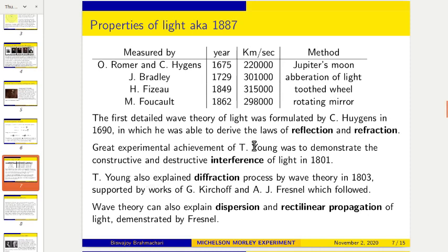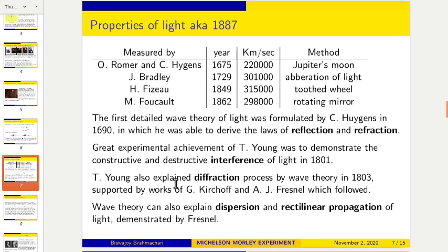Then Young's double slit experiment, 1801, which showed that light shows constructive and destructive interference. Very conclusively it shows that light shows constructive and destructive interference. That means it has wave properties.